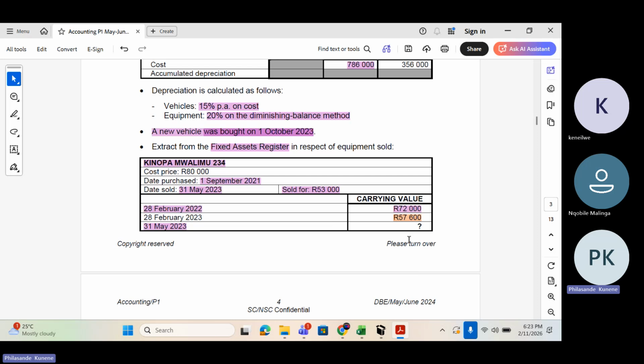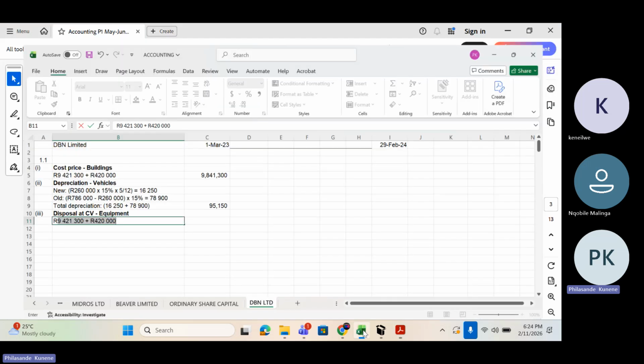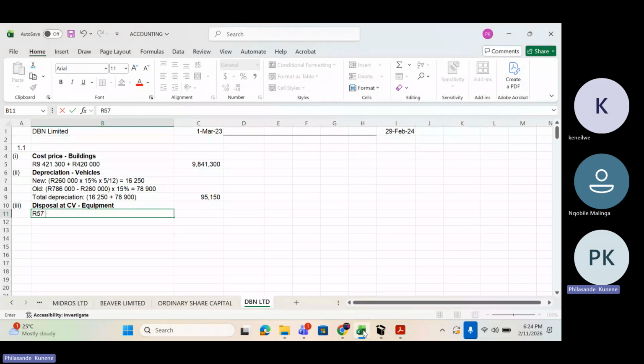So let's look at it then. My starting point will be 57,600 multiplied by 20%, because we already have a carrying value there. So how am I going to do it? Here I'm going to have what? Sold. Okay, it's a depreciation, obviously. 57,600, okay?